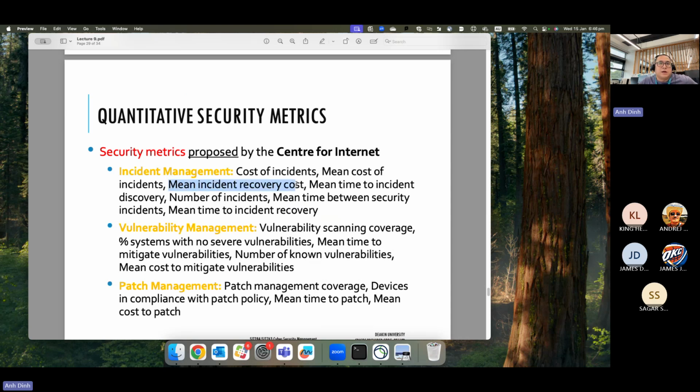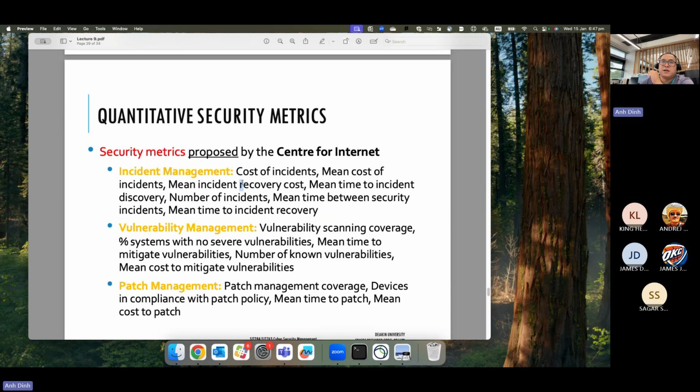They are not raw measures, right? For example, let's take mean incident recovery cost as an example. To compute this metric, you need a few pieces of different measures. For example, you need the measure that indicates the time when the incident happened and the time when the incident was fixed, right?